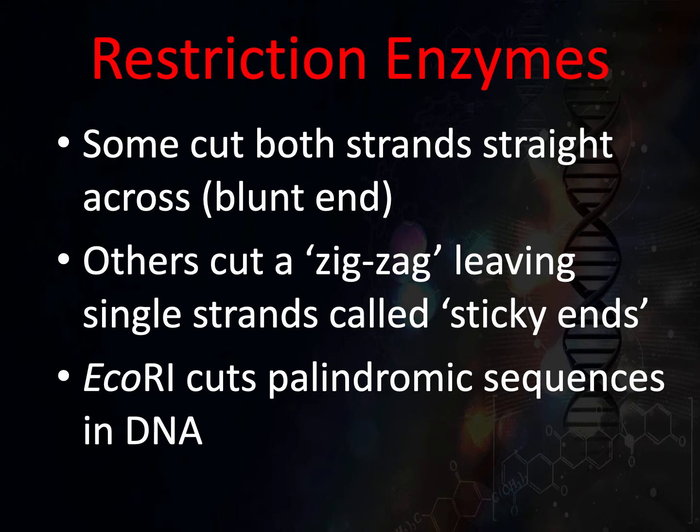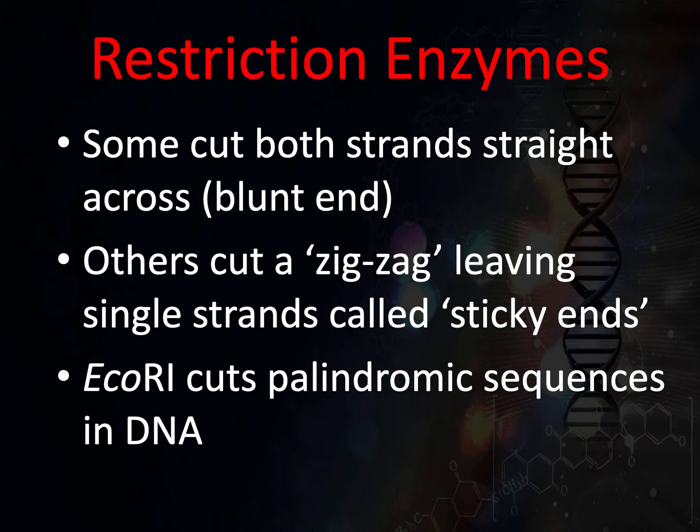Some of these restriction enzymes cut straight across the strands, and they make what's called a blunt end. Now, in order to be really useful for the most part, we want to be able to cut in a zigzag pattern. In other words, remember DNA is two strands. We want part of one strand sticking out and then part of the other strand sticking out.